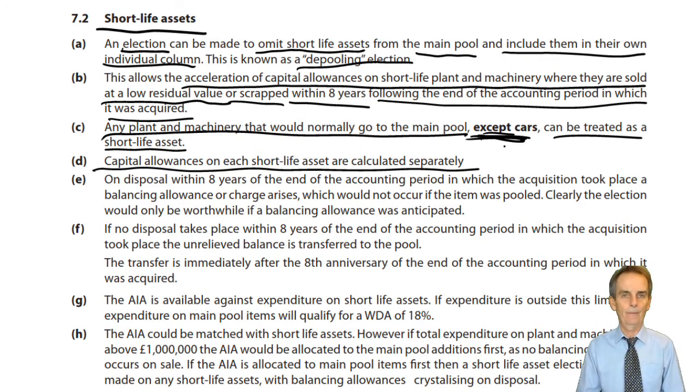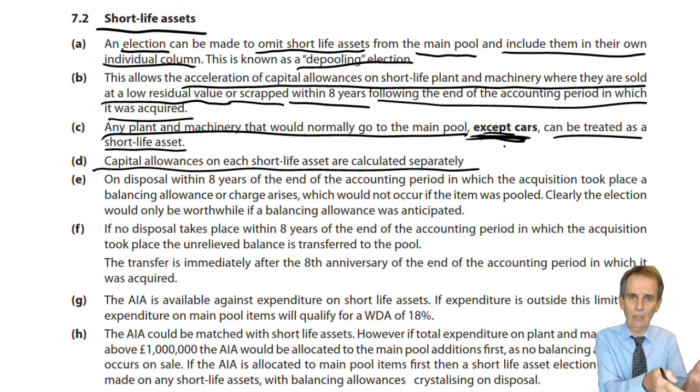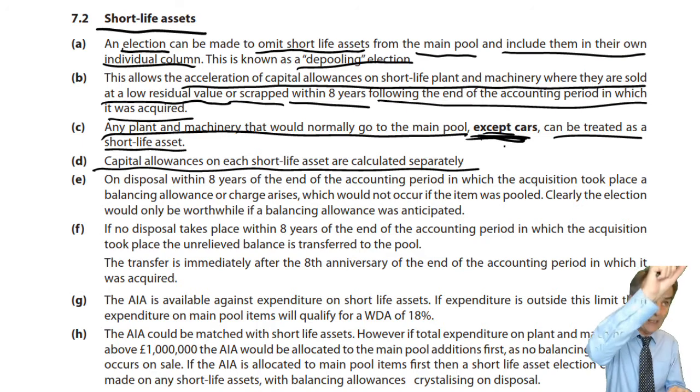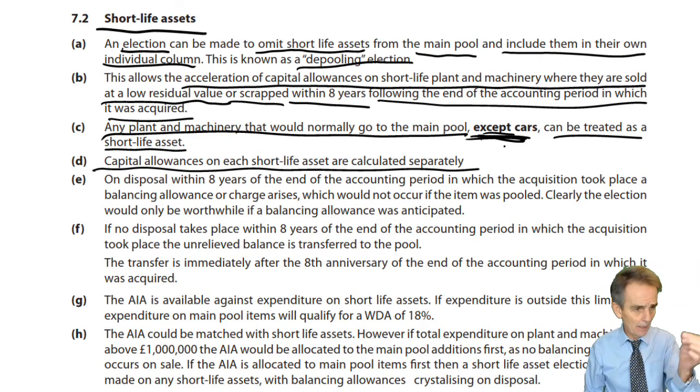It's very different. If we had immersed, dare I say, that asset within the pool, and we'd been claiming a writing down allowance of 18% on the whole pool balance, that asset included, then when that asset was sold within the pool, it's got a high tax written down value, now it's sold low proceeds. What would happen? You take away your proceeds from your pool and you don't get a balancing adjustment. You simply get another 18% writing down allowance.